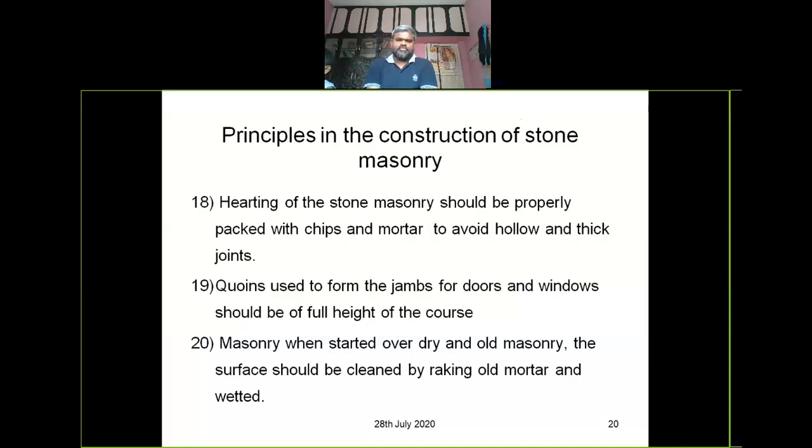Door and window jambs should be the full height of the course. When masonry is started over dry or old masonry, the surface should be cleaned by raking out old mortar and wetted.